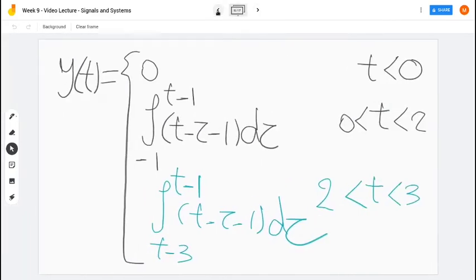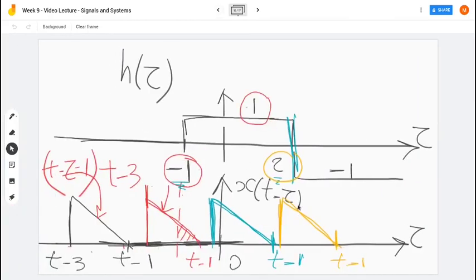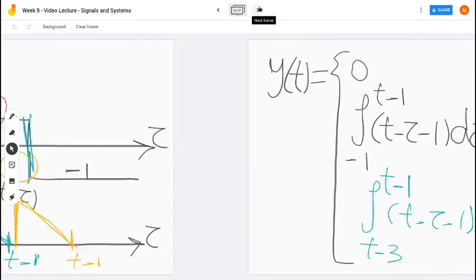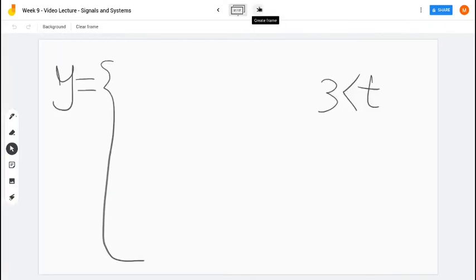Going back, t minus 1 larger than 2, which is t larger than 3, and this edge, t minus 3, less than 2. So t minus 3 less than 2 means that t is less than 5. So the new interval would be from 3 to 5.